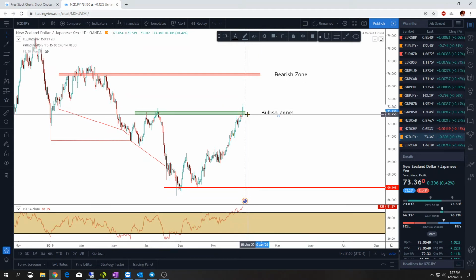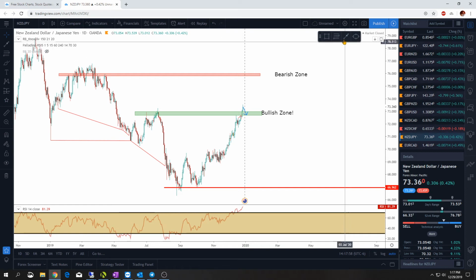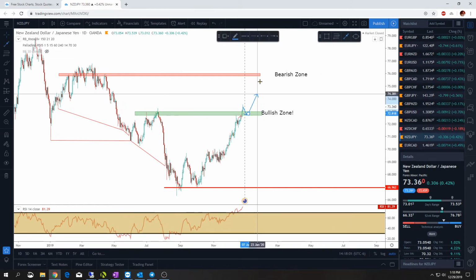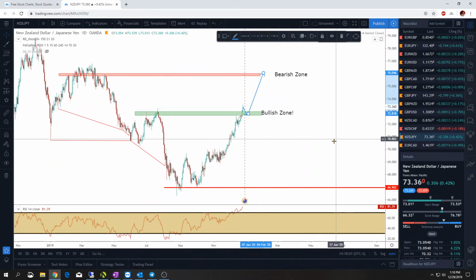So if we get a pullback into this zone, we might look for a buy trade here all the way up to this area.